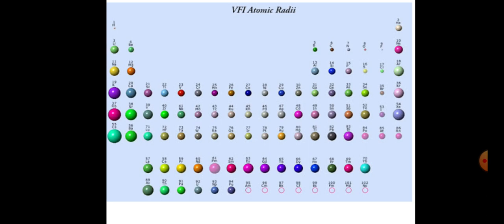This slide, guys, is a very important slide. I kept it purposefully because it gives information about the size of the atom. You can see the size of the atom increases down the group. The size gets bigger and bigger as the shells get added: the first orbit, the second orbit, and as this increases, the size increases.